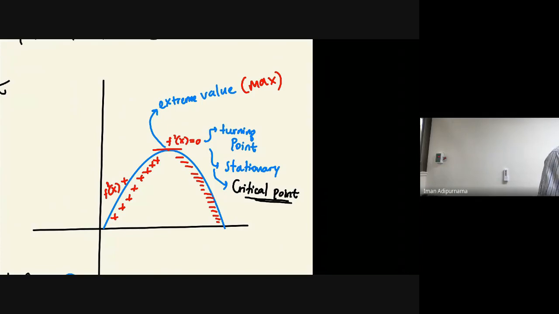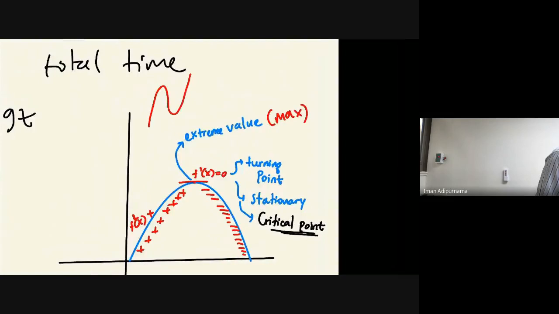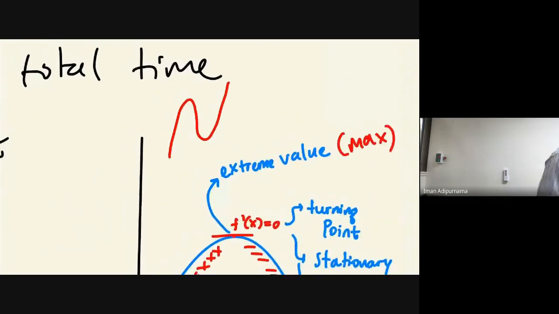So, for example, if you have a whole function like this, this one is a local max, and this is a local min. Where are the absolute max and min? This and this, right? That's absolute.